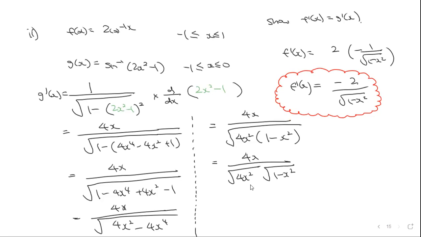And now we have this here. If we have the square root of 4x squared, I mean, we could just go, okay, that's just 2x, right? If we think it's just 2x, then the x's will cancel, the 4 will cancel. So you're just left with 2 over the square root of 1 minus x squared.